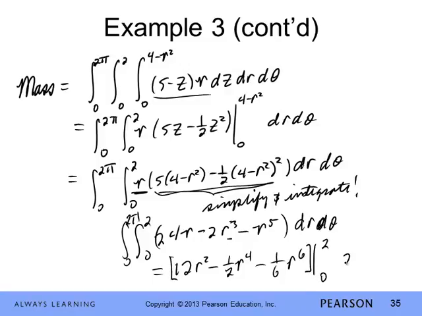and you can just go ahead and multiply by 2 pi for the theta that went from 0 to 2 pi. And of course, when you plug in 2, you got 12 times 2 squared minus 1/2 times 2 to the 4th power minus 1/6 times 2 to the 6th power, times 2 pi.